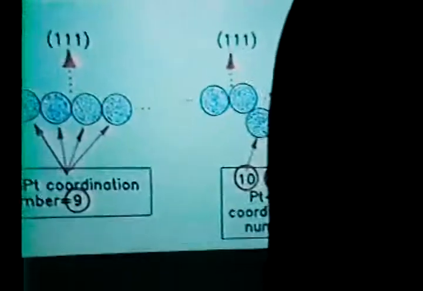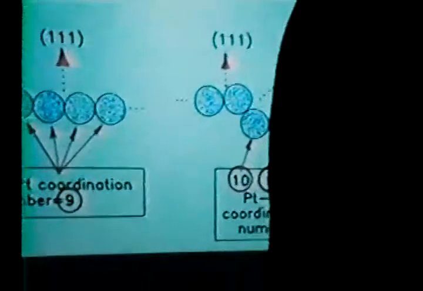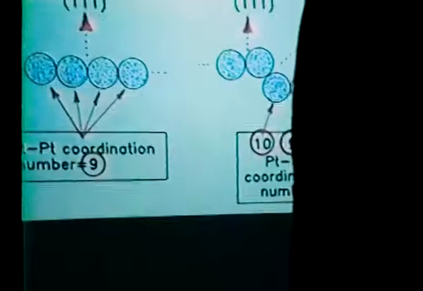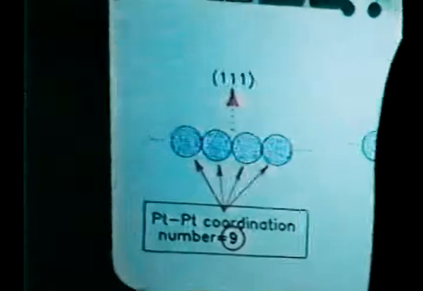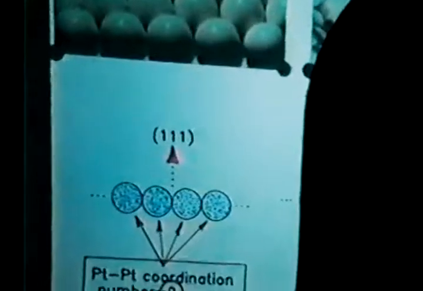And the coordination numbers for the platinum atoms in this stepped crystal are respectively 7, 9, and 10. So you might expect that these three different types of platinum atoms exposed on this crystal would have different chemical properties because, simplistically thinking, the coordination of those atoms to the bulk is different. So we want to examine the behavior of carbon monoxide as it comes in and samples this stepped and regular single crystal surface.